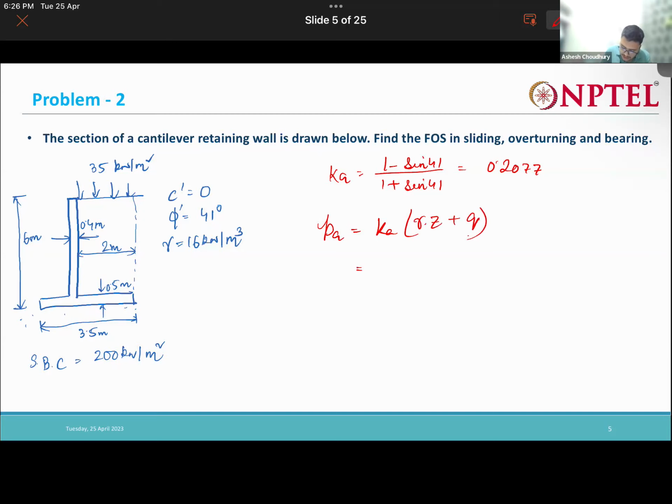What is our K? 0.2077. What is the gamma value? Gamma is 16. What is the Z value? Total 6 meters, right? So 6 meters plus our Q. What is Q? Q is 35.